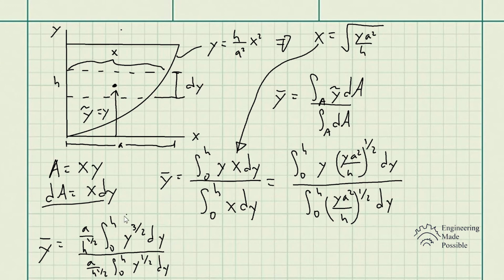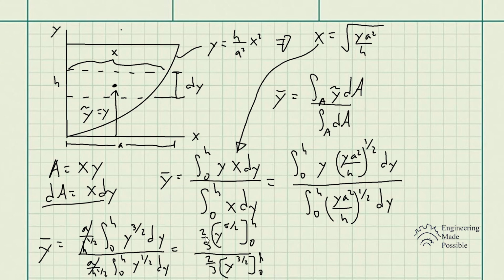So we're actually able to remove the constants here, which is a divided by square root of h, and we see that for both the numerator and the denominator we have the same, so these constants actually cancel out, and we have the integral of y to the power of 3/2 dy and the integral of y to the power of 1/2. So let's go ahead and solve.